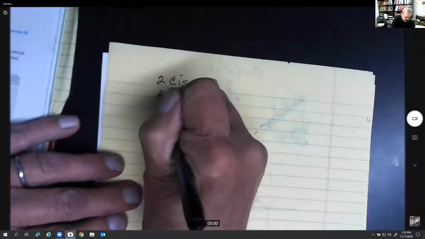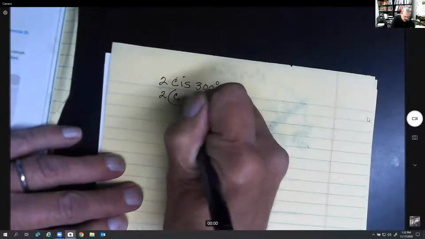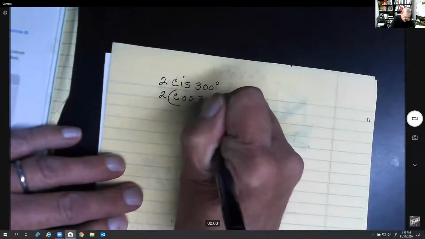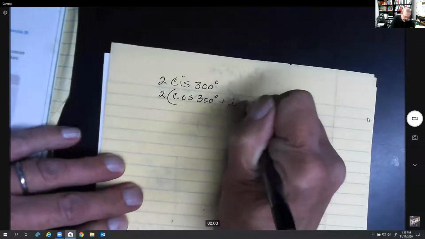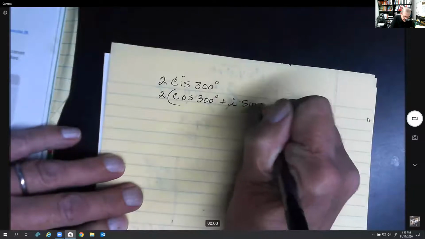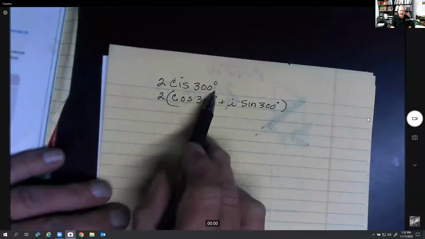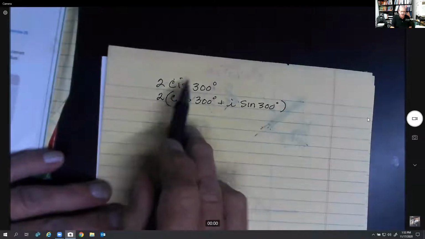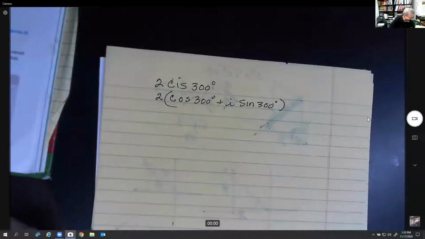The first thing we're going to do is expand this out. This is 2 times the whole thing, cosine 300 degrees plus i sine 300 degrees. This is just a simplification. Cis 300 means the cosine of 300 and the sine of 300 and there's an i in front. That's the first thing we do.